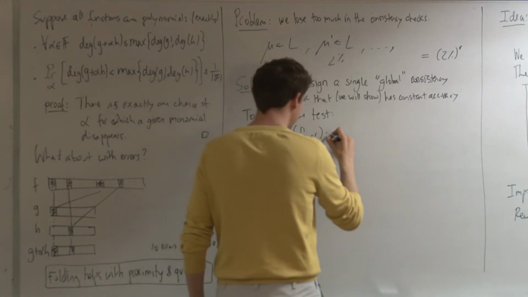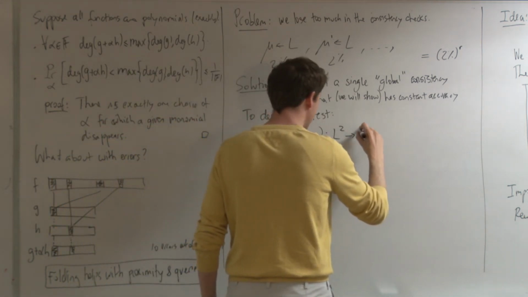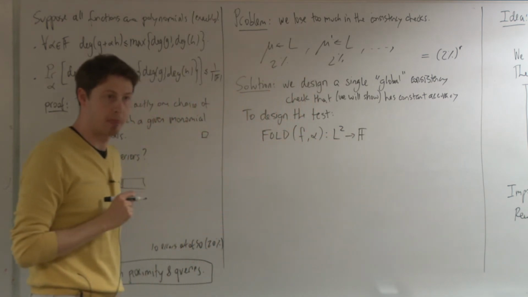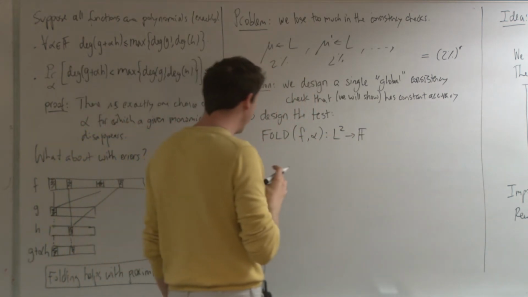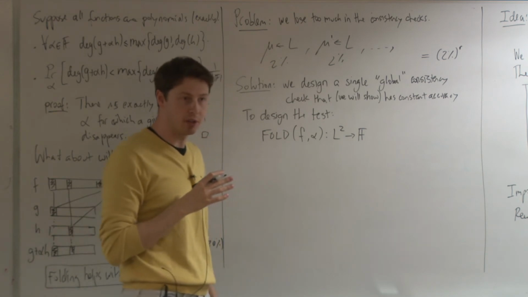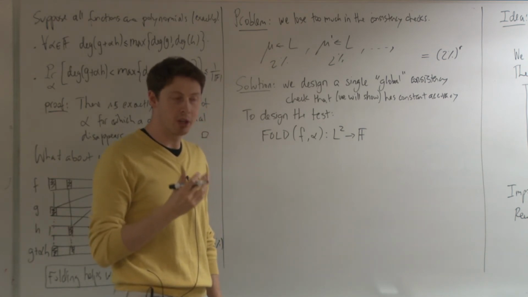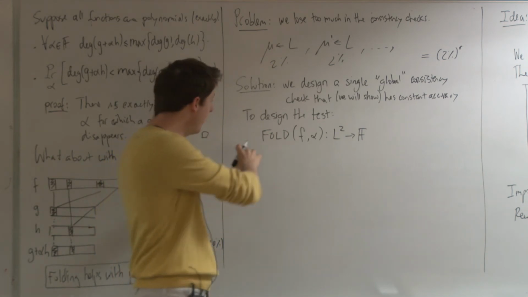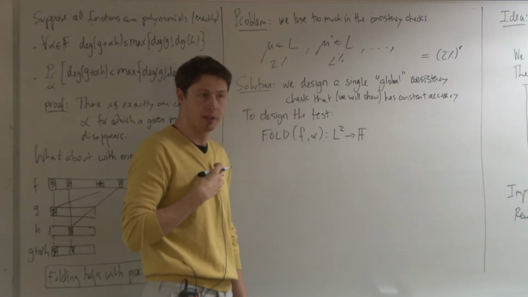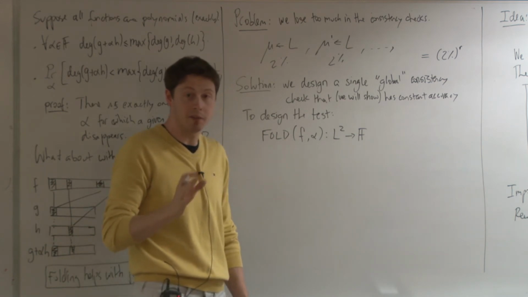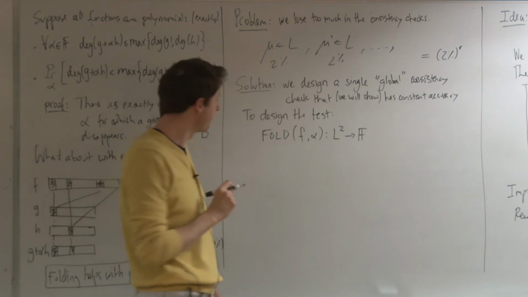Fold of f and alpha is a function from L squared to F. Okay? I want to argue that this folding operation is actually a local operation on f. I can actually query the folding of f myself just with access to f. I don't need you to give me G and H for me to do a consistency check.